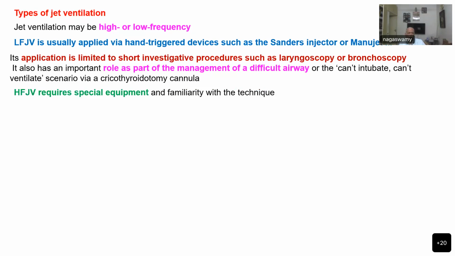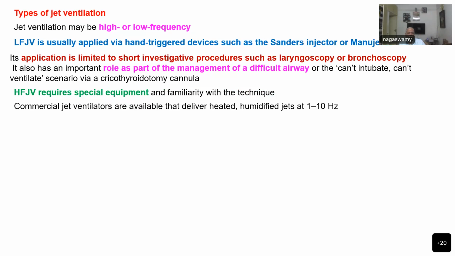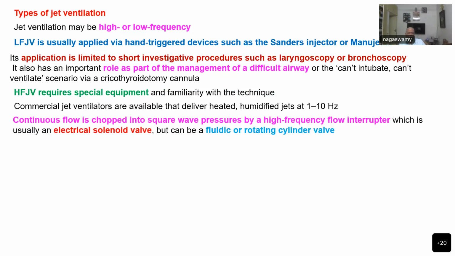low frequency jet ventilation. Whereas high frequency requires equipment and familiarity, and commercial ventilators which deliver heated humidified jets at 1 to 10 Hertz, and continuous flow is chopped into square wave pressure by high frequency flow interrupter, which is usually an electrical solenoid valve or can be fluidic or rotating cylinder valve.